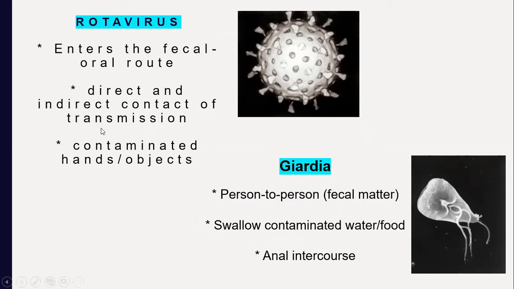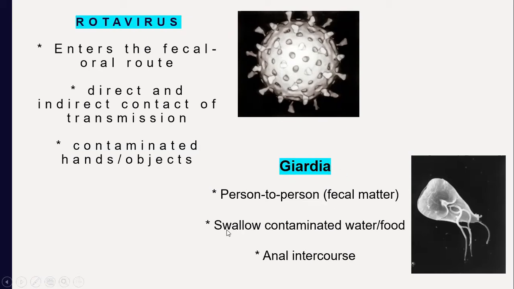Large amounts of rotavirus are in the stool of infected people and can be easily spread through contaminated hands and objects, for example, toys. Then we have Giardia, which is transmitted from person to person, like through hands contaminated with fecal matter. For example, parents changing diapers can get Giardia.